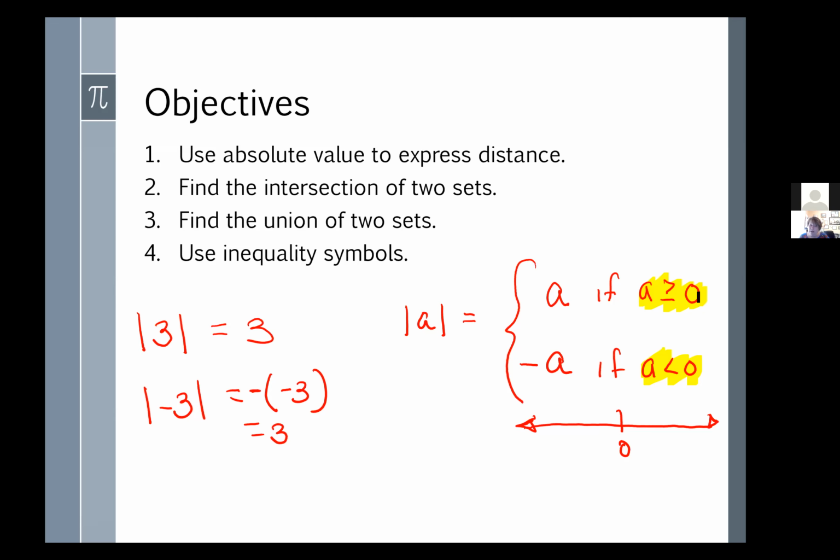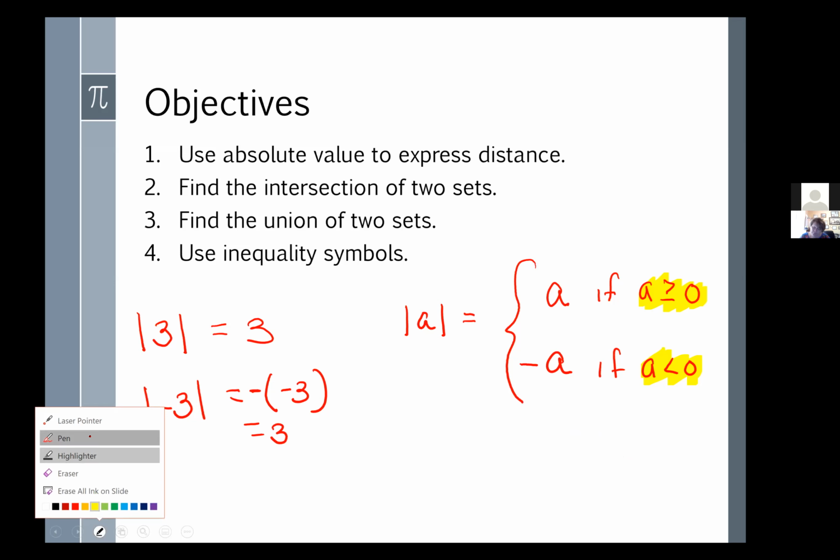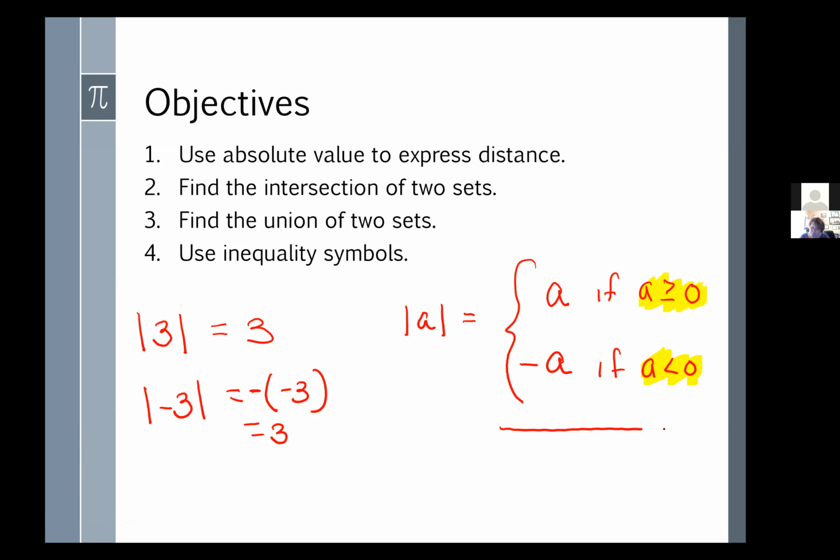All right, so again, the way we represent positive and negative numbers on the number line, positive numbers are to the right of 0. Negative numbers are to the left of 0. So negative numbers are less than 0 to the left, and positive numbers are to the right of 0.